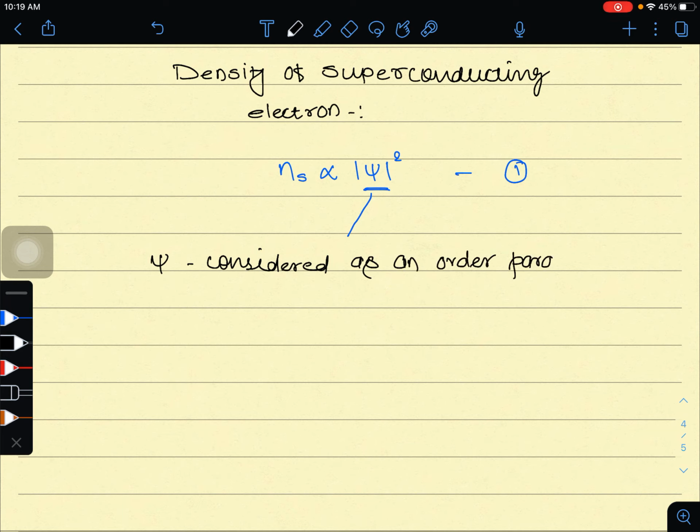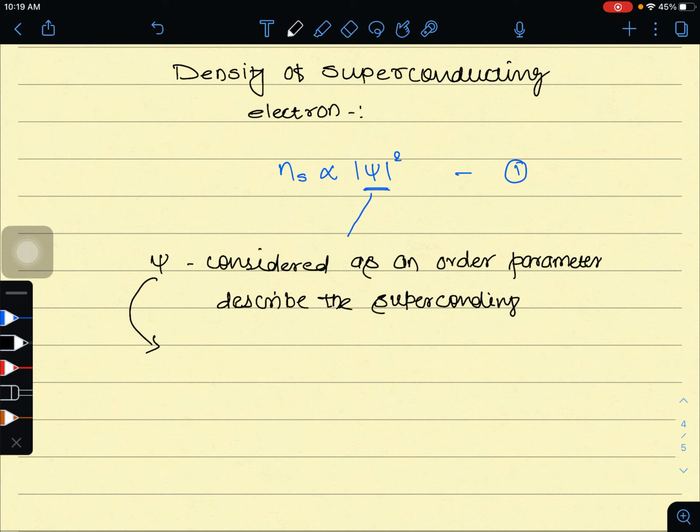This order parameter describes the superconducting state. Now I think it is very easy to understand superconductivity.